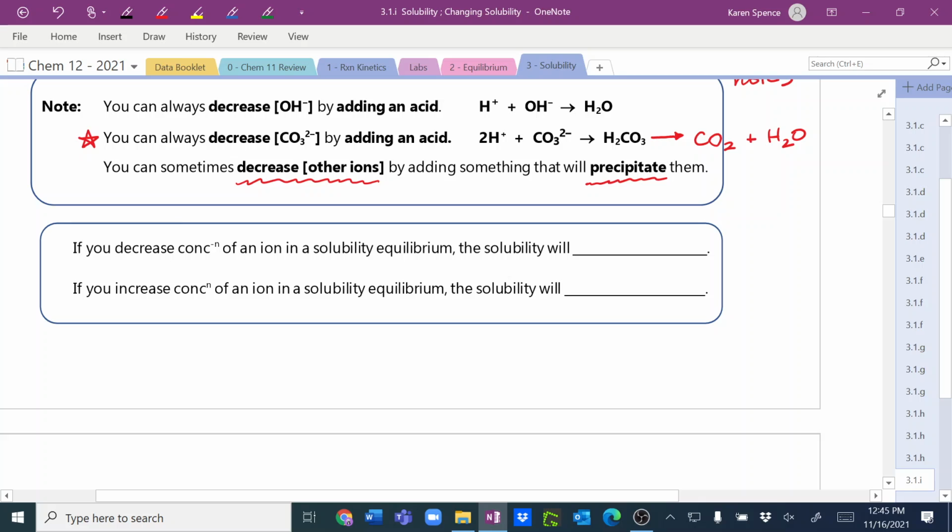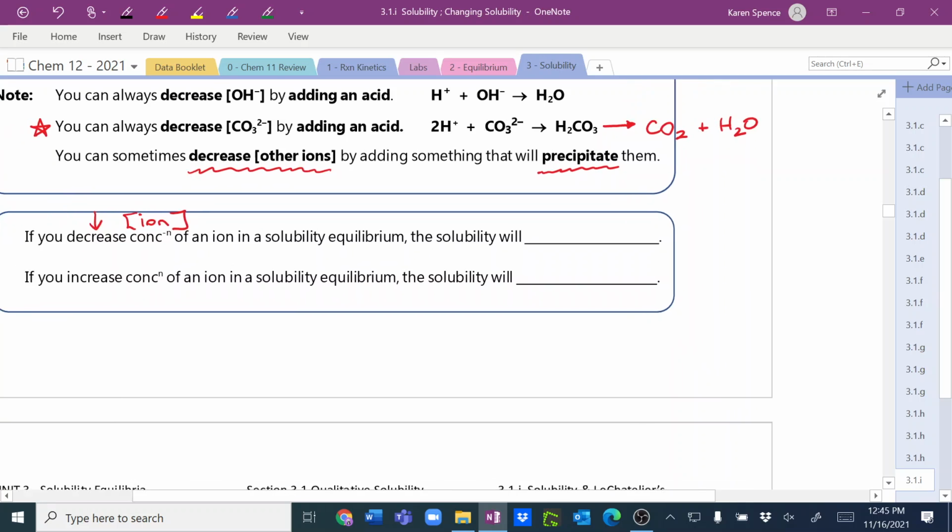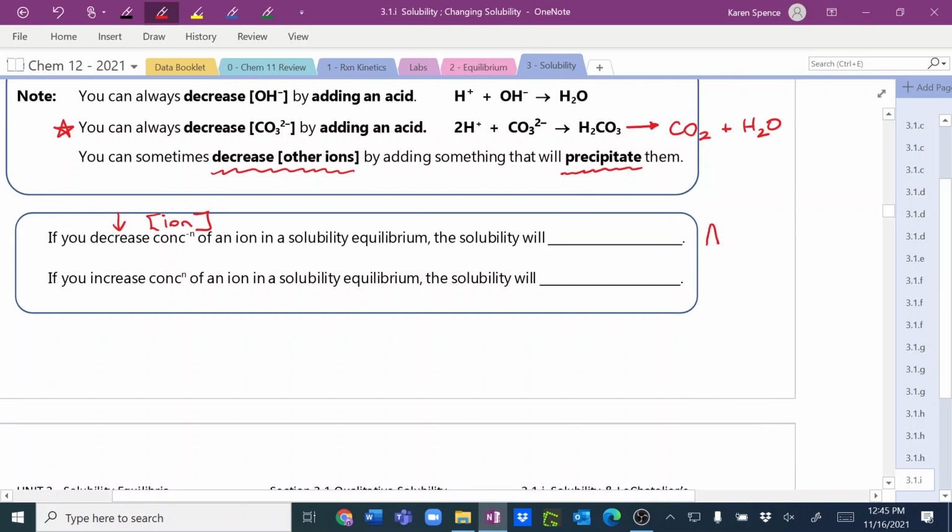If you decrease the concentration of an ion, will the solubility increase or decrease? We decrease the concentration of an ion.